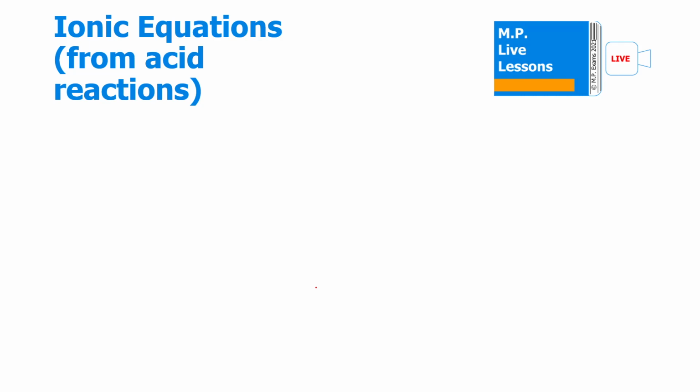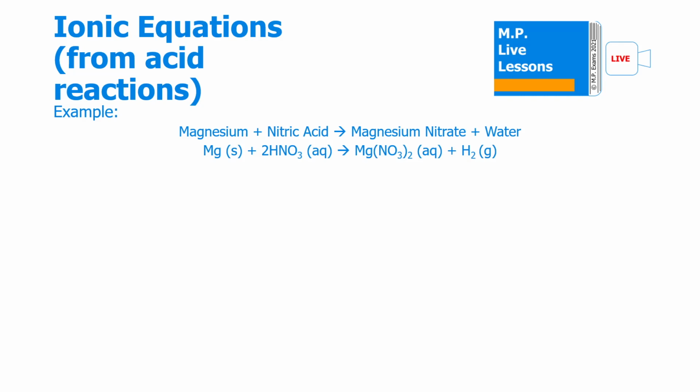Now, we need to learn some ionic equations from acid reactions. For example, we have this reaction. Magnesium reacts with nitric acid to form magnesium nitrate and water.